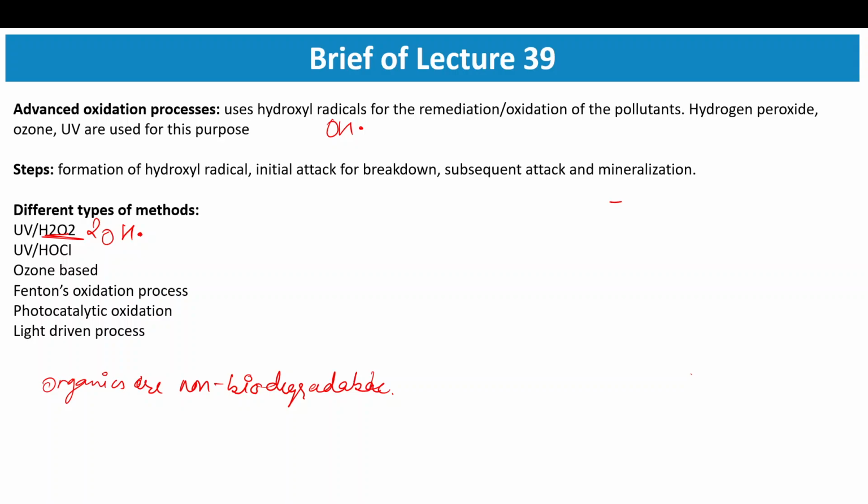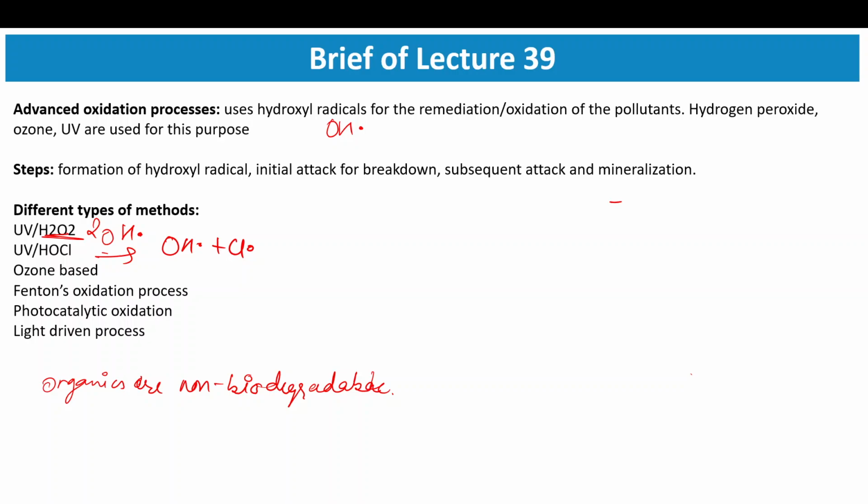Another way of supplying OH radical is by supplying HOCl. This HOCl breaks down into OH radical and Cl radical. One of the important parameters here is the oxidation potential. What is oxidation potential?